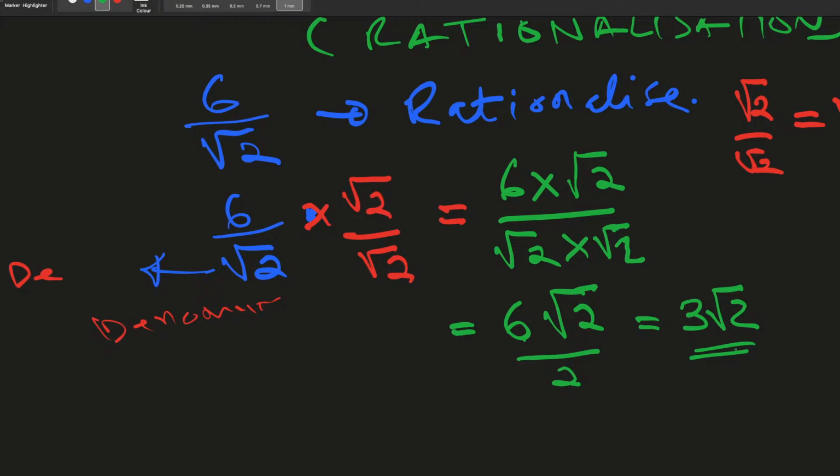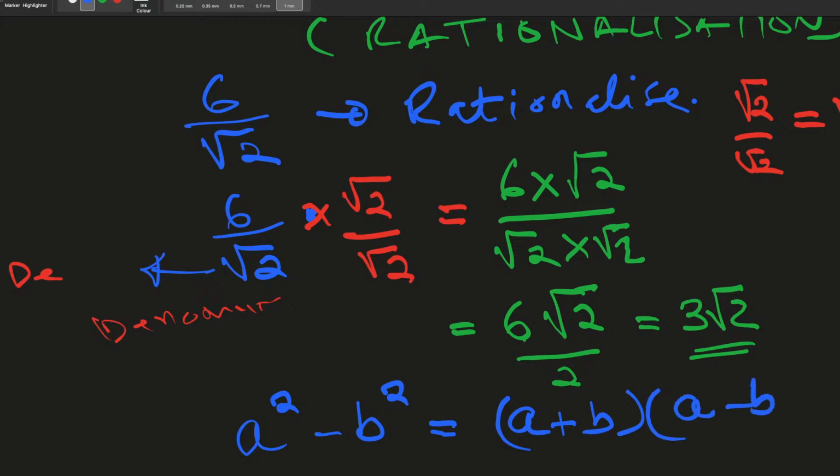Okay? In doing rationalization, there is something we should always remember. Because we have something like this: a squared minus b squared, it can be written as a plus b, okay, and a minus b.